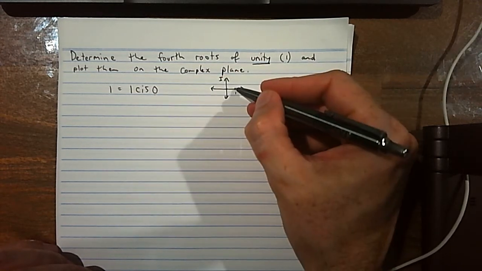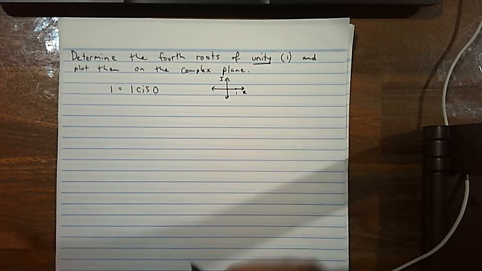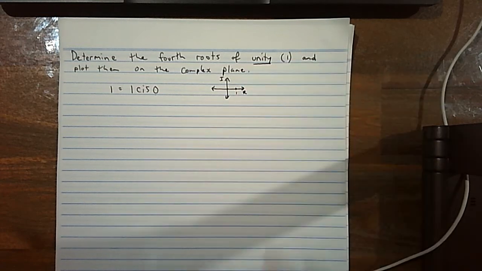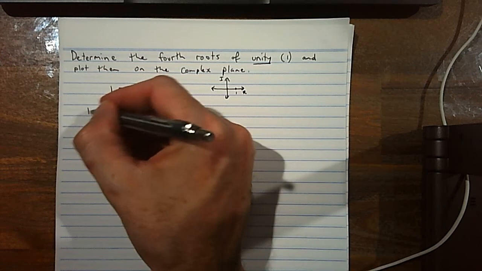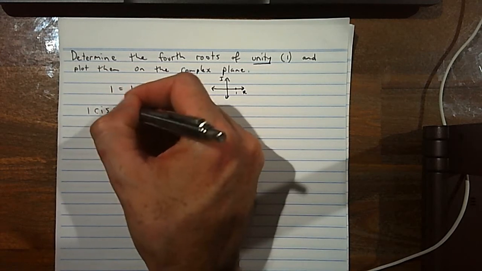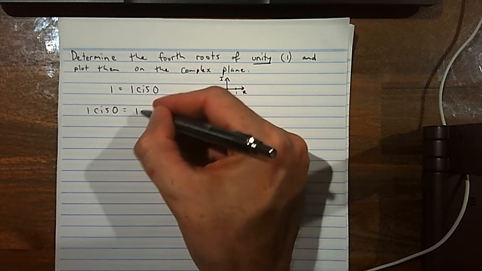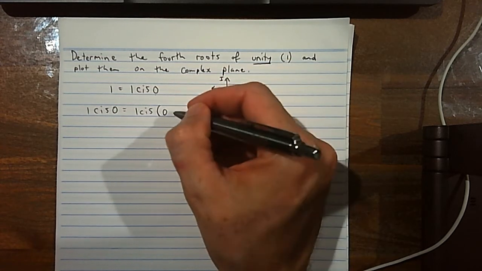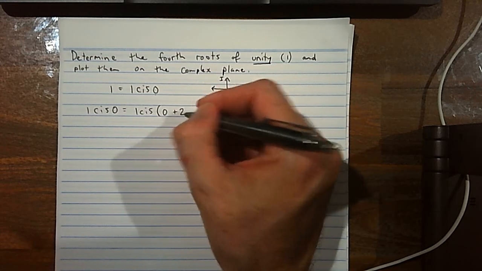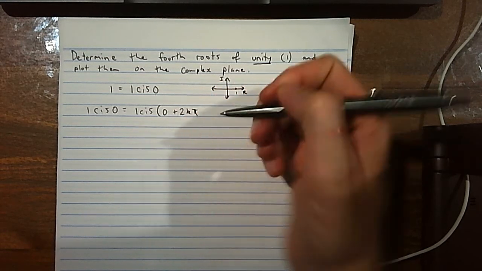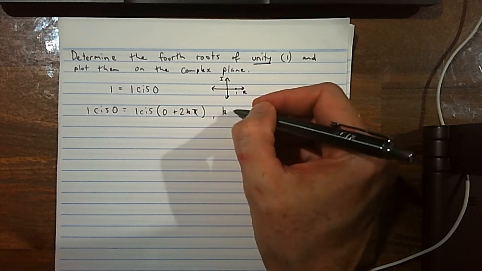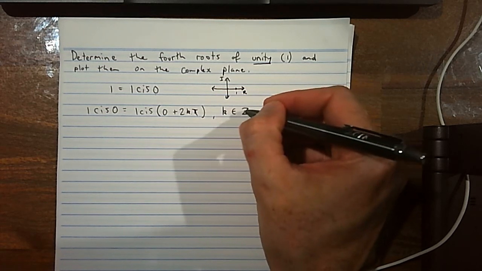So we're just here. Now, there's a range of other ways that we can represent this point, and this will help us find the other roots. So 1 cis 0 could also be written as 1 cis (0 + 2kπ), where k is an element of the integers.